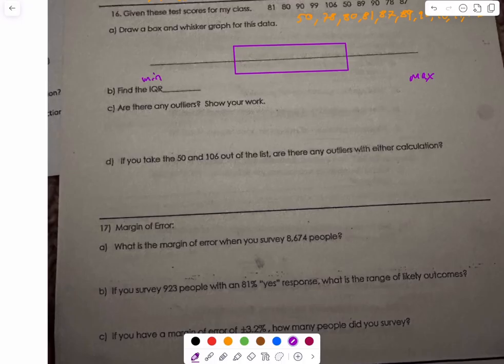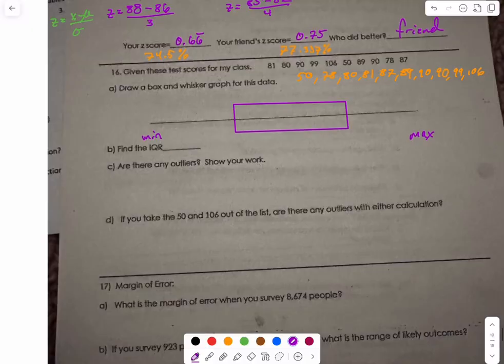The interquartile range should be going from, what is that? Q1 to Q3. Let me see. So the 25% for Q1, right? We have 10 data points, right? 1, 2, 3, 4, 5, and then another 1, 2, 3, 4, 5.